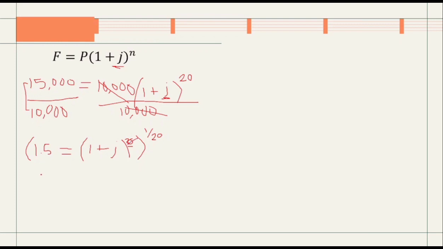And then what's left is 1.5 raised to 1 over 20 is equal to 1 plus j. And then we need to transfer this 1 to the other side so that what's left is j.